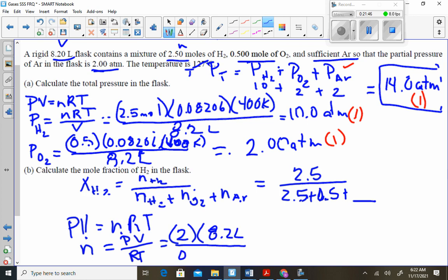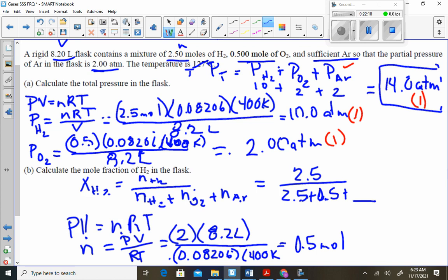Our R, since we're in atmospheres for everything else, is the liter atmospheres per mole Kelvin value, and 400 Kelvin for our temperature. And so when we multiply that, we find that we have half a mole of argon.